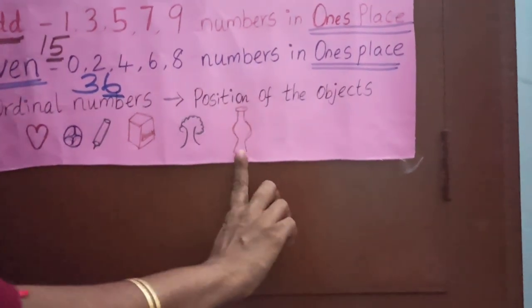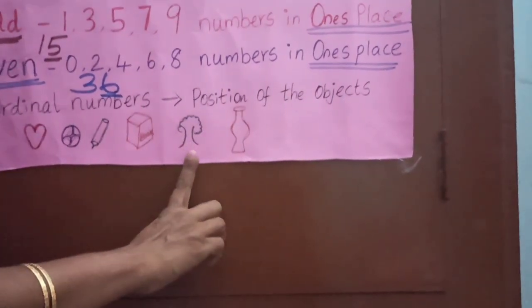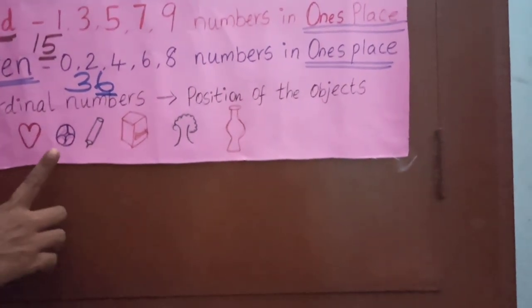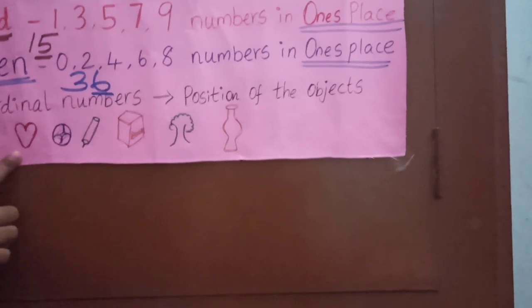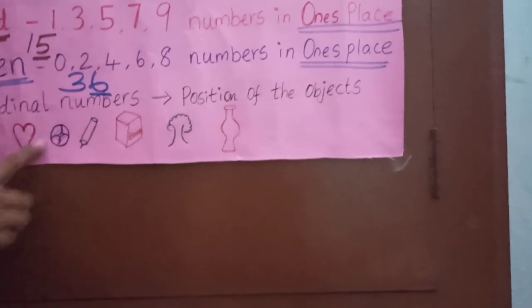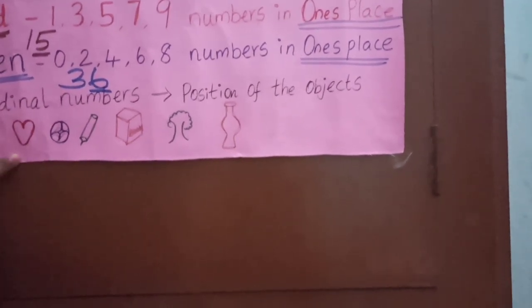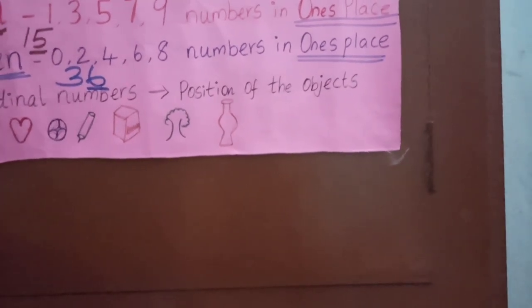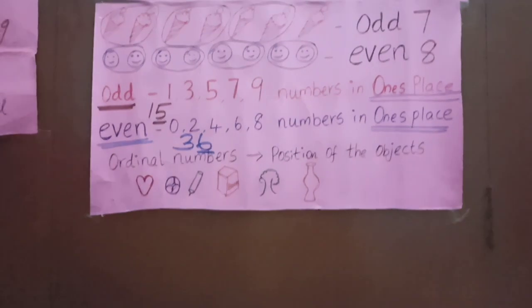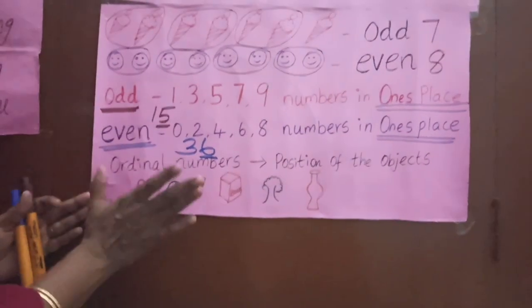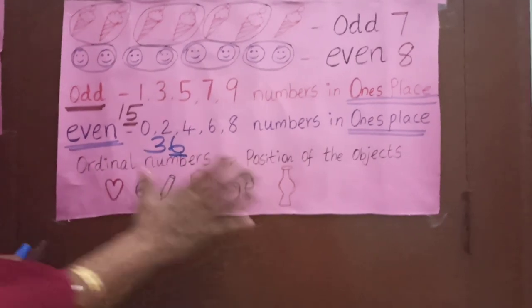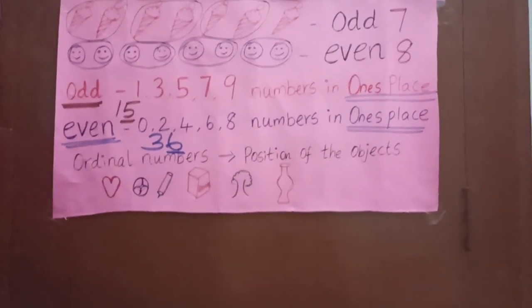First, second, third, fourth, fifth, sixth. The heart box is in sixth place. So ordinal numbers tell the exact position of objects. Thank you, children.